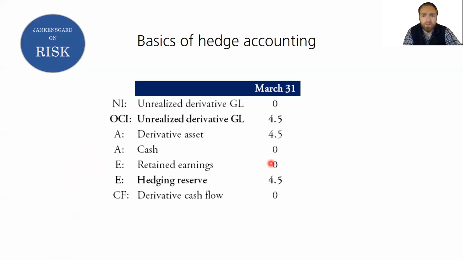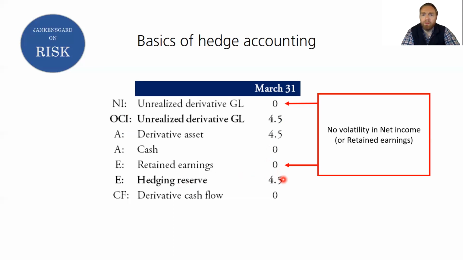And instead of reporting the accumulated gains and losses here, this is the line we're using. We're storing them in the hedging reserve. So it's kind of peculiar. You're just using two different lines here, but the goal is achieved. There's no volatility in net income or return, and that was the purpose of it all.